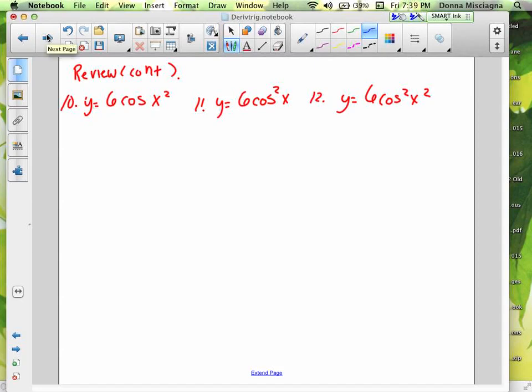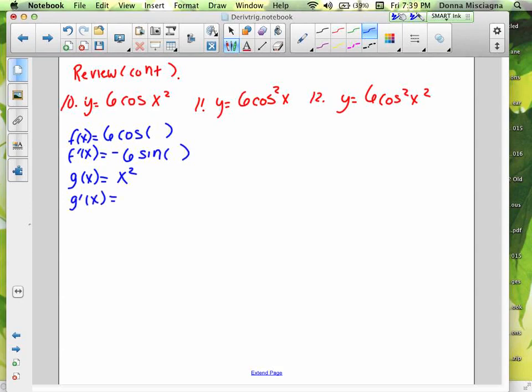So the first one here, our outside function is 6 cosine blop, and the inside function is the x squared. Derivative of the outside function is going to be negative, because it's going to be negative 6 sine blop. And the derivative of the x squared is 2x.